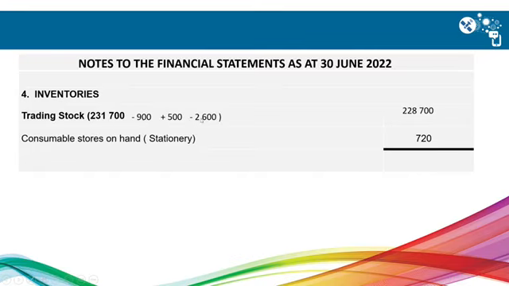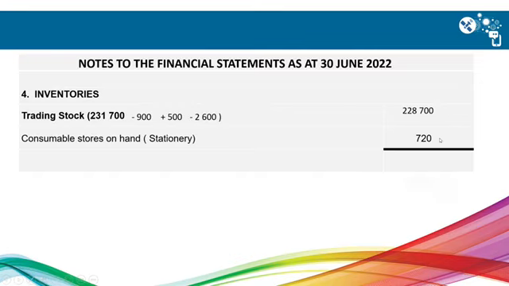What happened over here? These are all adjustments that now change the original figure that was in my pre-adjustment trial balance. Remember, ma'am explained the 720 already. This is now also an asset. So my trading stock is standing on 228,700. My consumable stores, which is my stationery, is on 720.